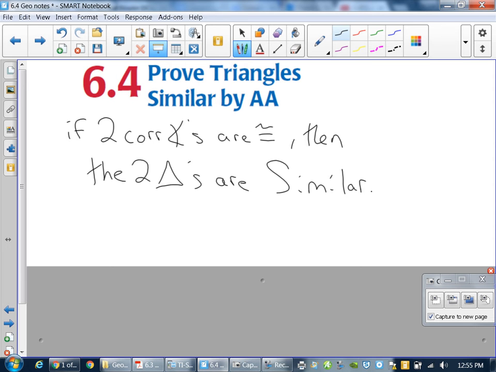You just don't have to say it. We talked about this setup when we did angle, side, angle, and angle, angle, side with the congruencies. All you have to have is 2 angles that are the same. Boom, triangles are similar. Write a fraction, go on through. It's that quick. Okay? Let me show you an example.